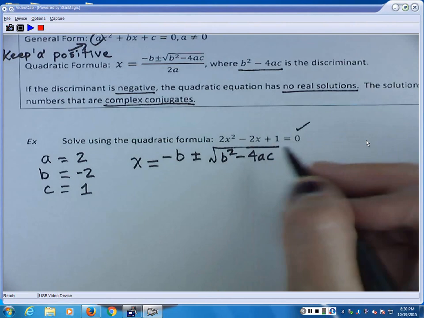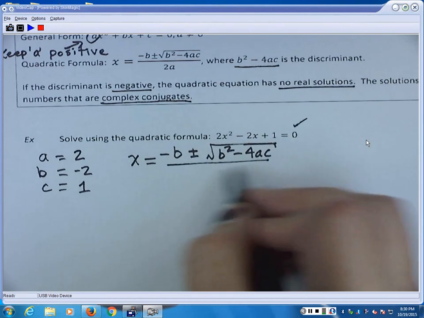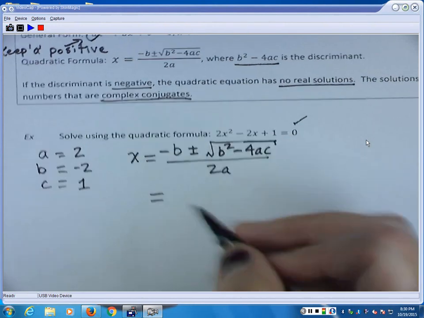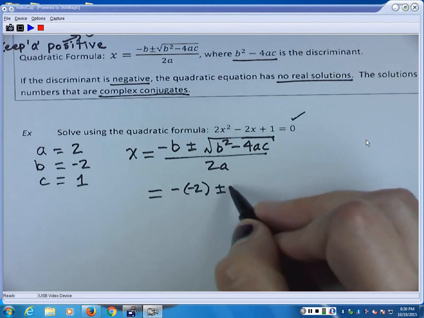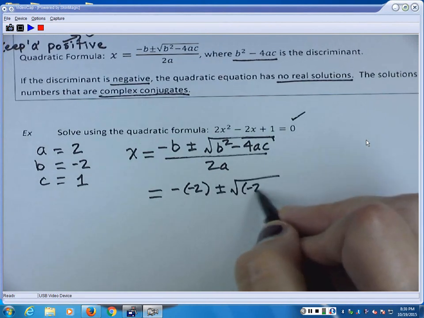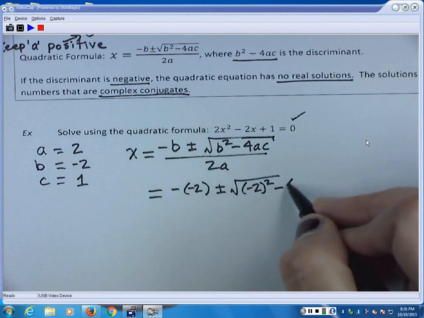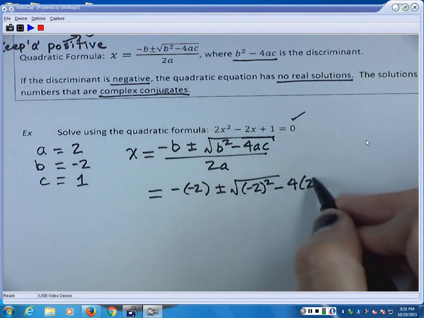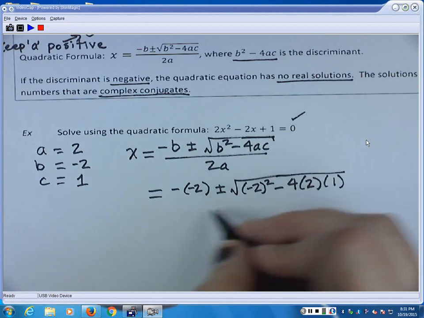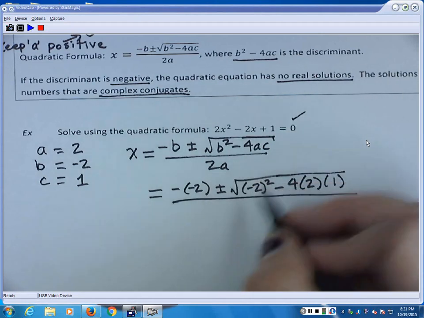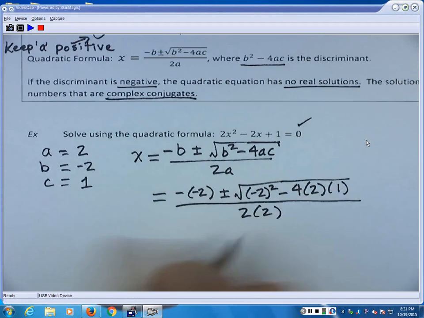Good algebra. Over 2a. So we have -(-2) plus or minus square root of (-2) squared minus 4 times 2 times 1, all over 2a, which is 2 times 2. a is 2.